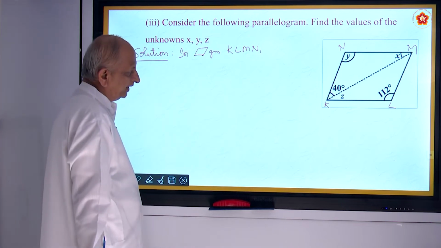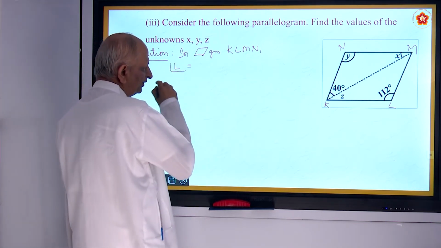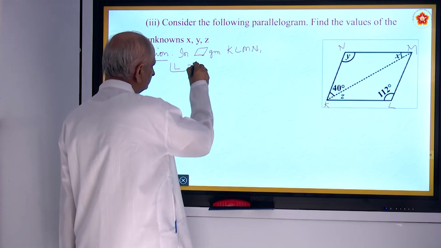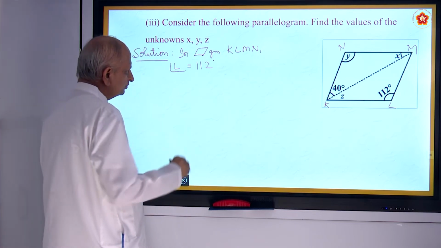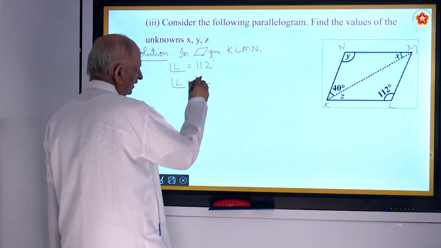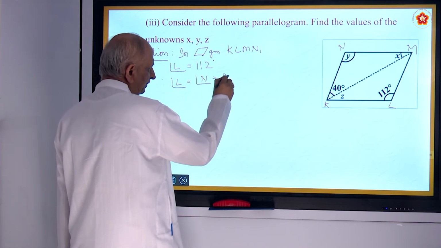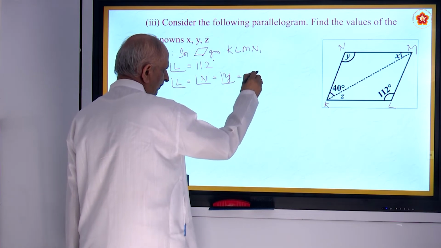In parallelogram KLMN, you are given angle L. Angle L is equal to 112. Therefore, angle L is equal to angle N, that is nothing but angle y is equal to 112 degrees. Why 112?